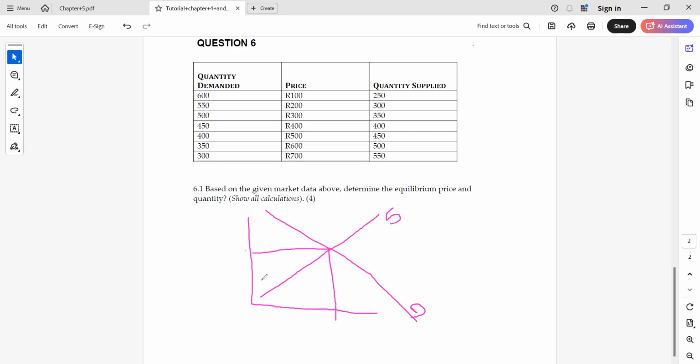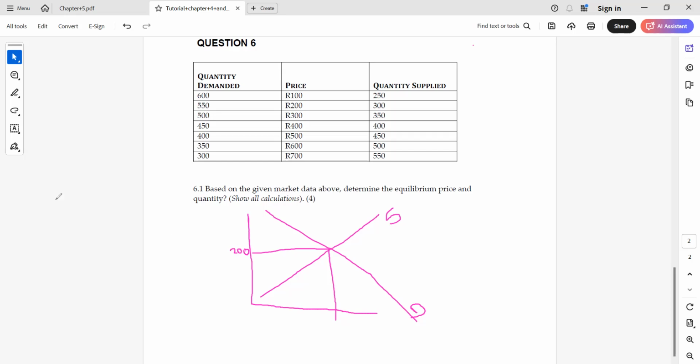Let me use the minimum wage, because it's going to make sense. Let's say the wage people are earning is 200. This supplier is paying our consumers 200 rand.